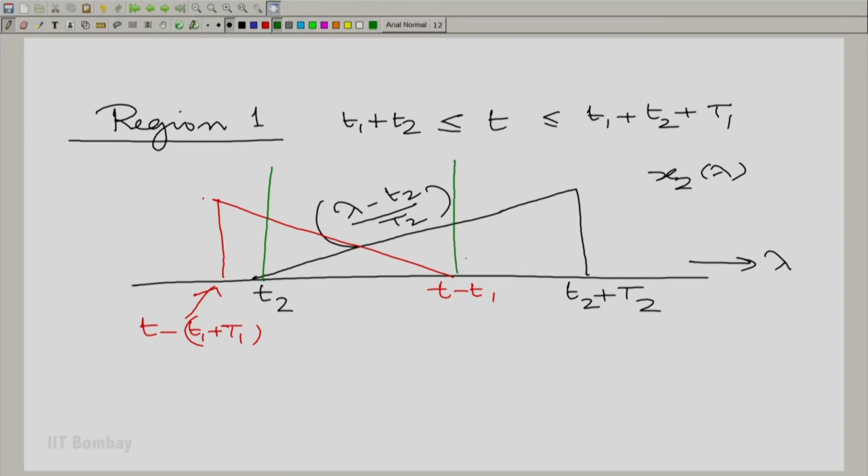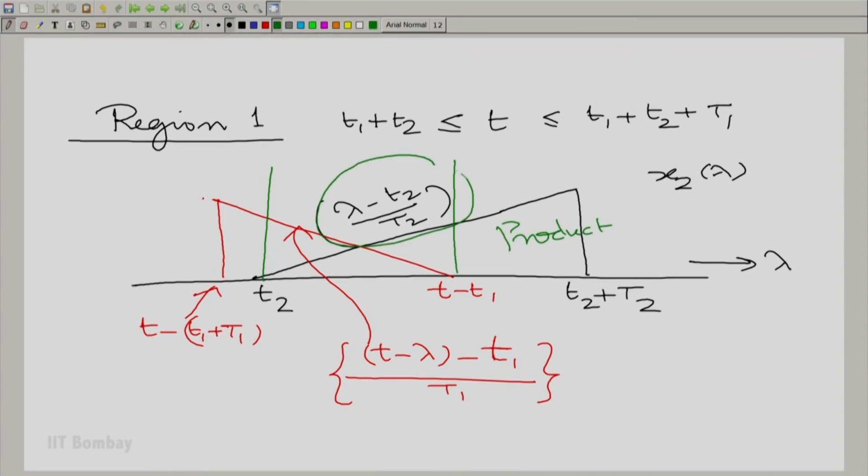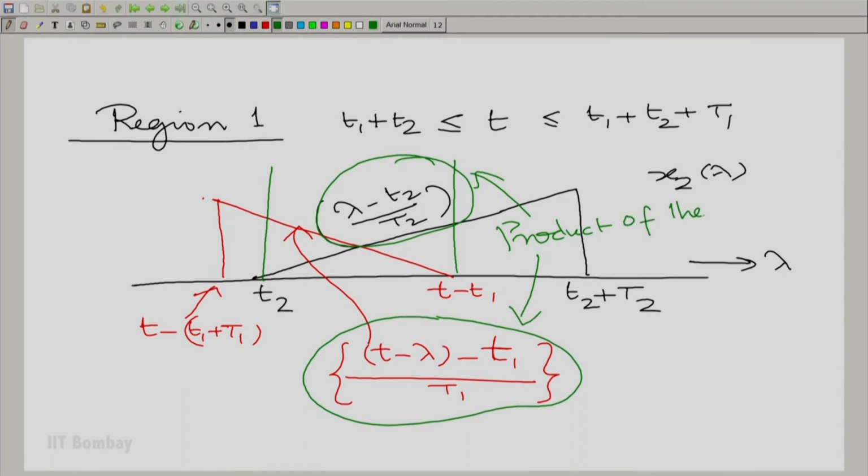We also need to write the expression everywhere. So, the expression for this is T minus lambda minus small t1 divided by capital T1, and we need to take the product to calculate the convolution. We take the product of this with this.